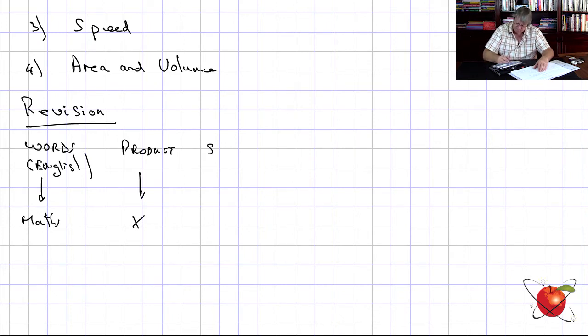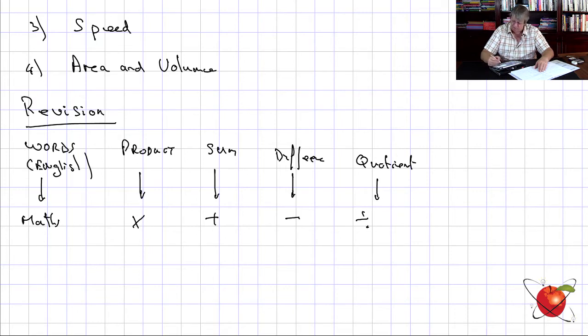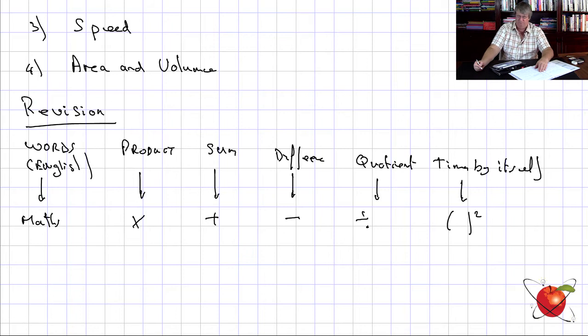The sum, I add them. The difference, it means I subtract. The quotient means I divide. The times itself, times by itself, means it is squared.